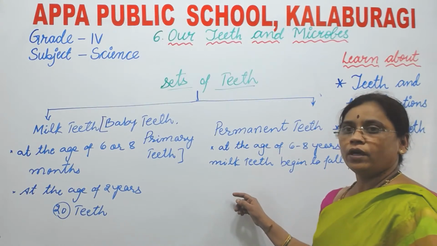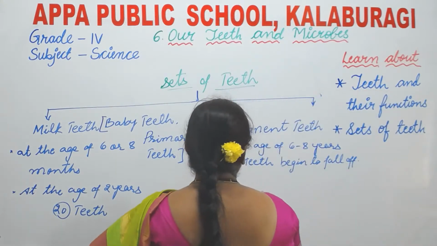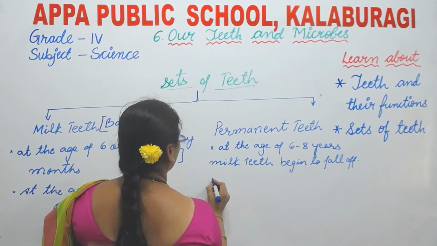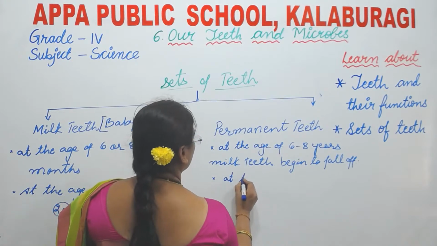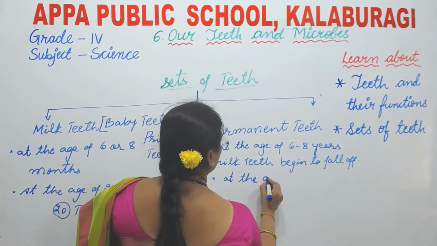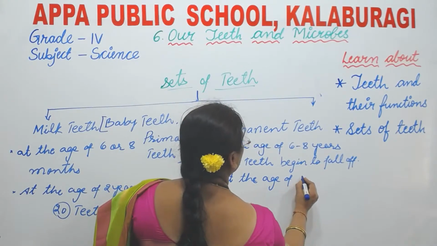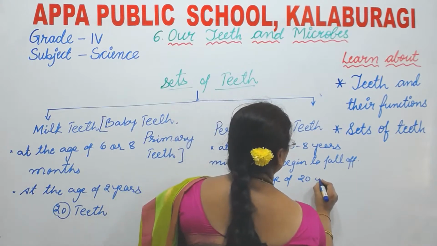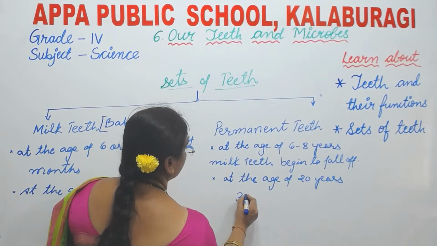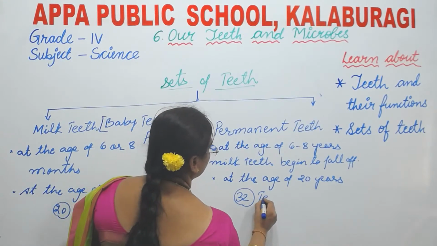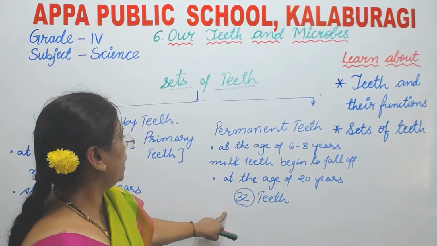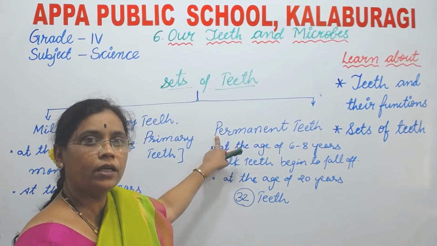At the age of 20 years, a person may have how many teeth? 32 teeth. And this set of 32 teeth is said to be permanent teeth.